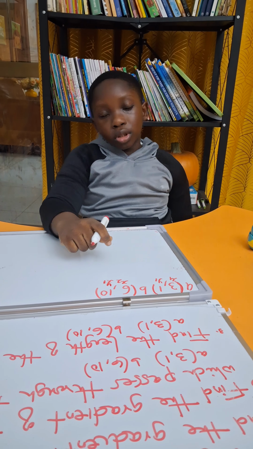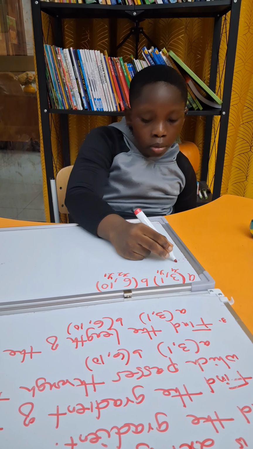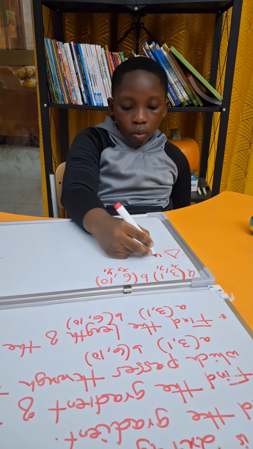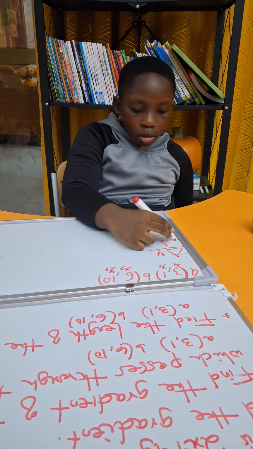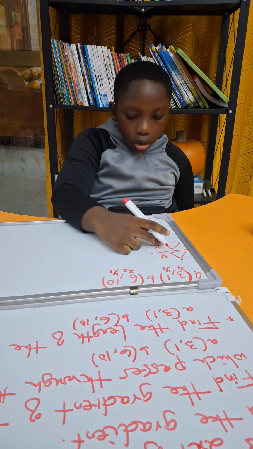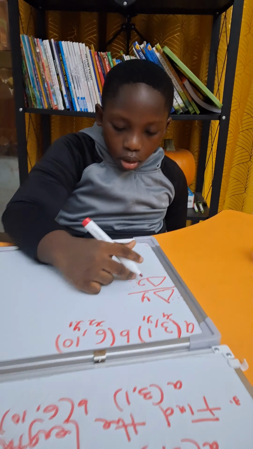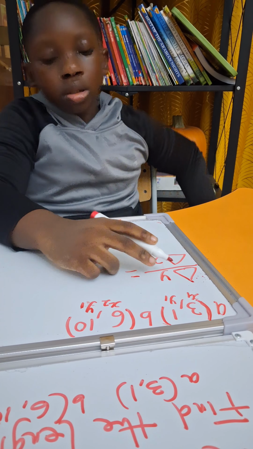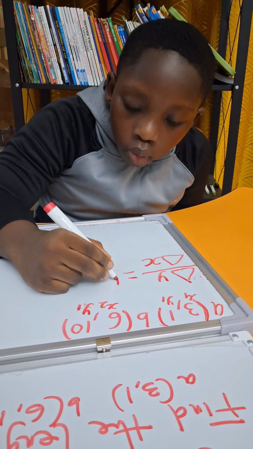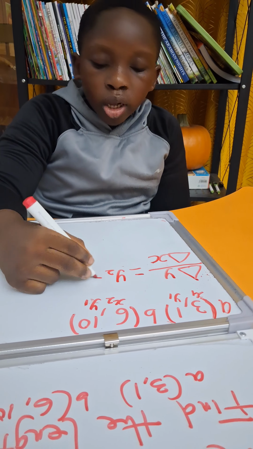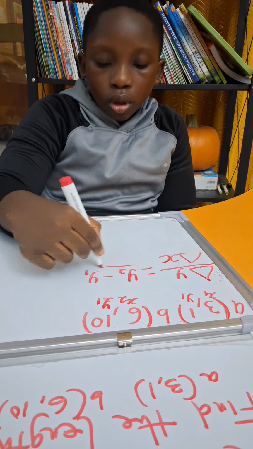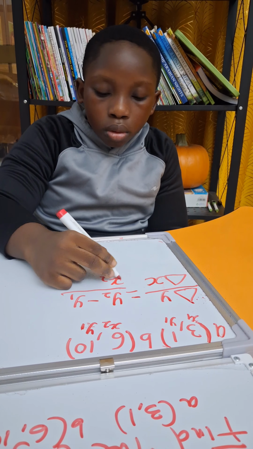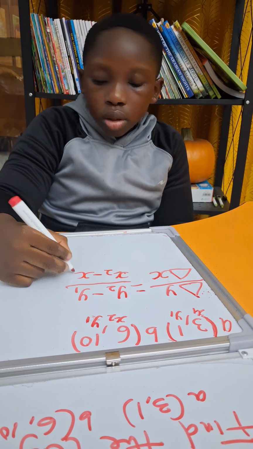So we use this formula: change in y over change in x. And change in y means y2 minus y1, and change in x means x2 minus x1.